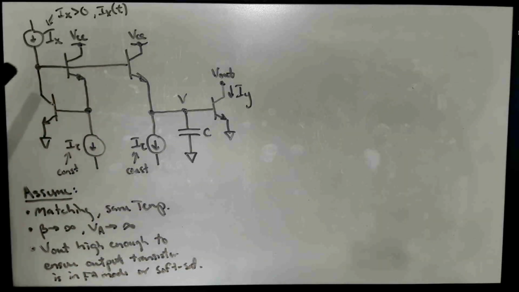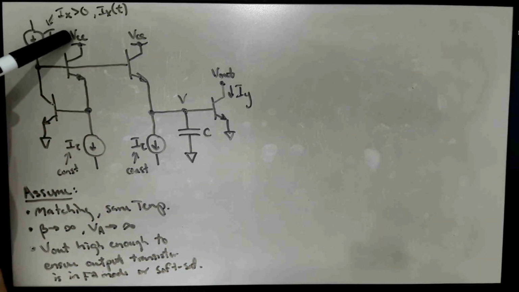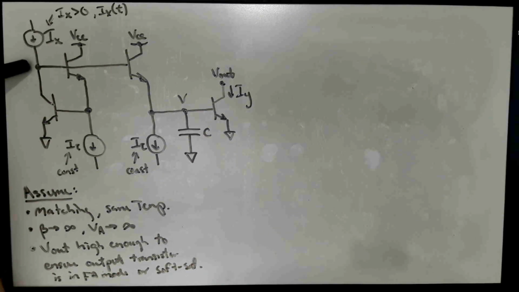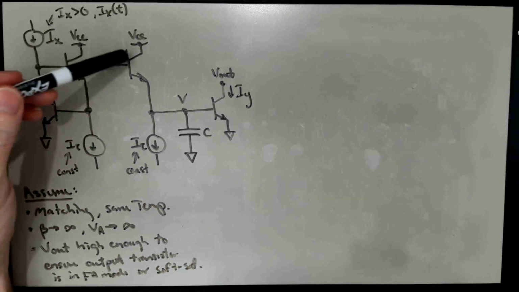And VCC is our most positive power supply here, and so that could be 5 volts, it could be 3.3 volts, but it's certainly more than the typical 1.4 or so that we would expect to be the maximum value for the input voltage here. So these 2 transistors are guaranteed to be in the forward active mode.